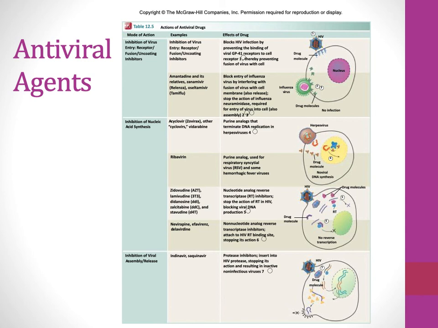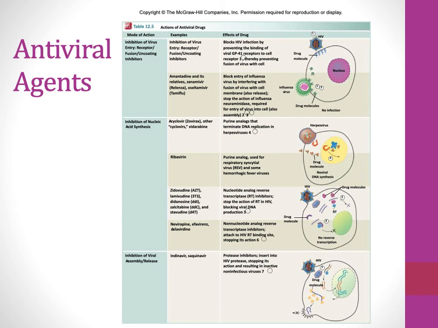So Tamiflu is going to block the entry, hence why it's really important, if you're going to take Tamiflu, that you take it early on, because once it enters into the cell, Tamiflu is not working on these other modes of action. It's trying to block entry before it has an opportunity to enter the cell and replicate.